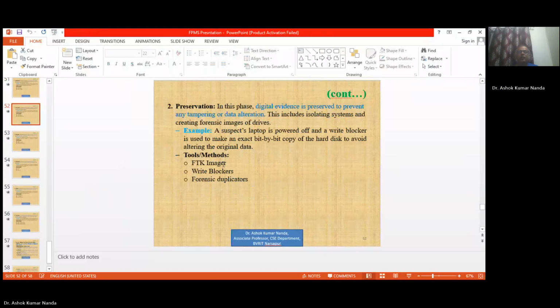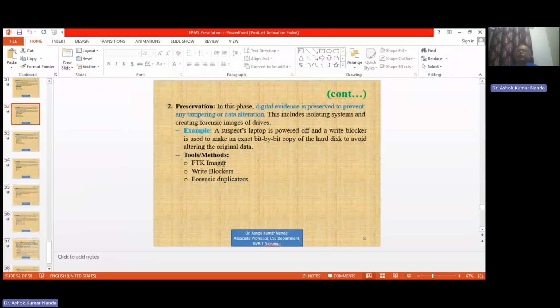preservation. In this particular phase, digital evidence is preserved to prevent any tampering or data alteration. So the master copy of the scene will be preserved. It cannot be modified or altered.